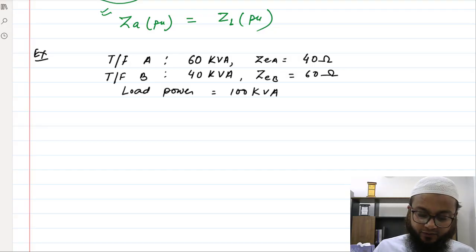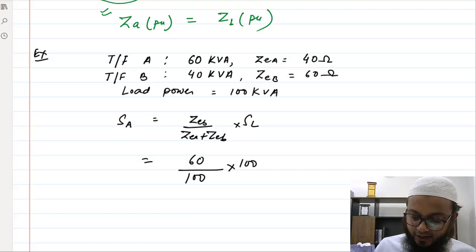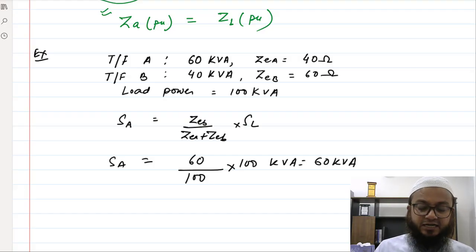So how much apparent power or how much load will transformer A carry? Let's say SA will carry ZEB upon ZEA plus ZEB into SL, and ZEB is 60 upon 100 into 100 kVA, which is 60 kVA, and this is the rating of the transformer as well, so it will carry that much power.